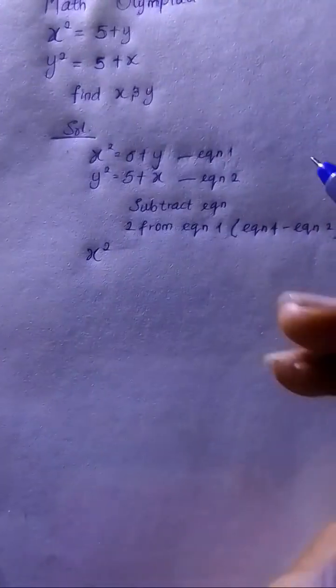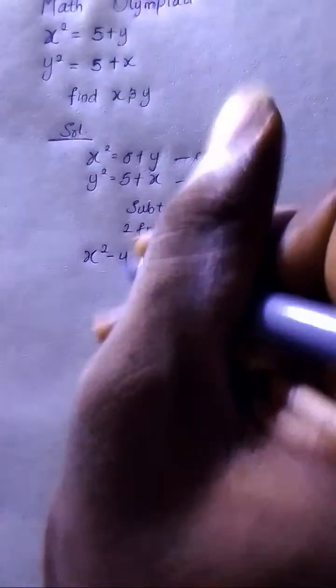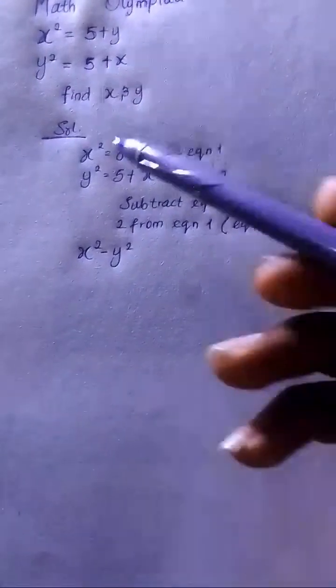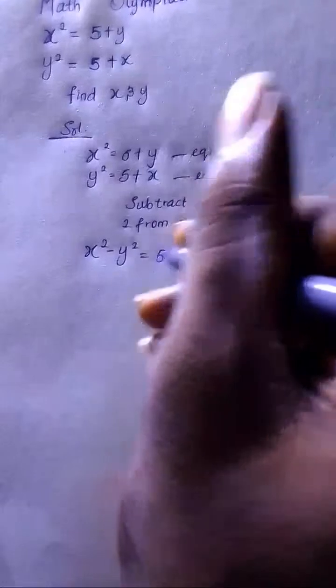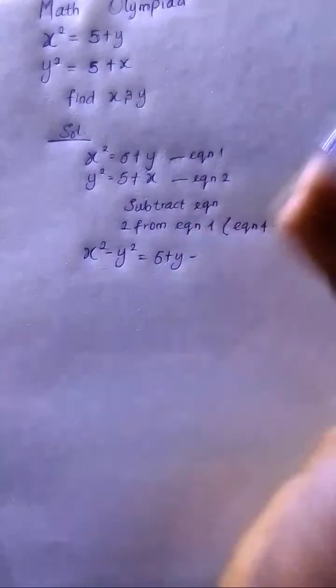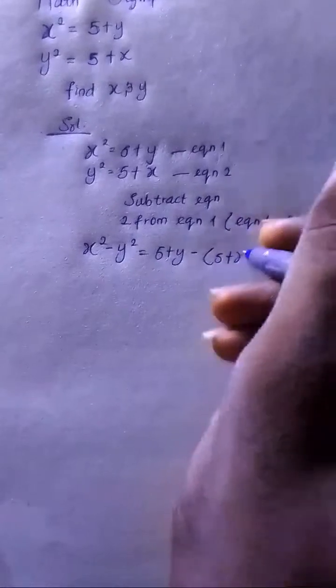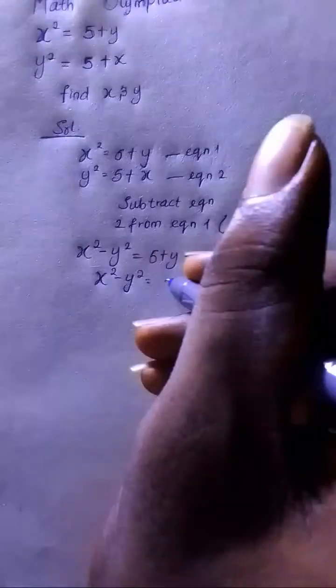So x squared minus y squared equals 5 plus y, minus equation 2, which is 5 plus x.